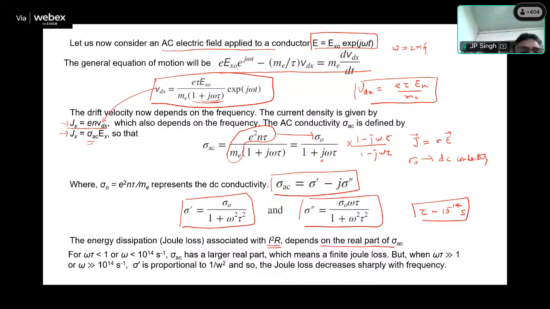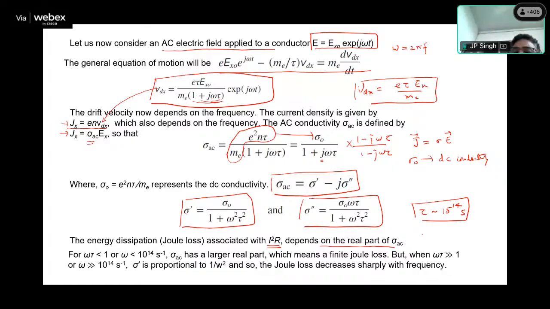If omega tau is less than 1, then this real part is going to be equal to the DC conductivity, because omega tau is less than 1, I can neglect that.